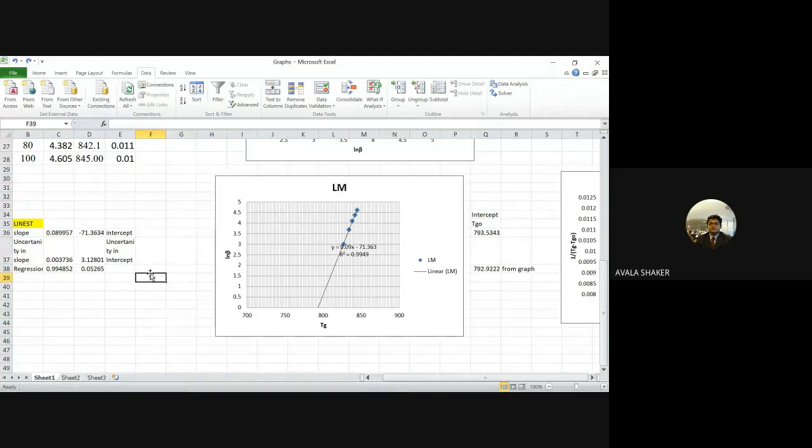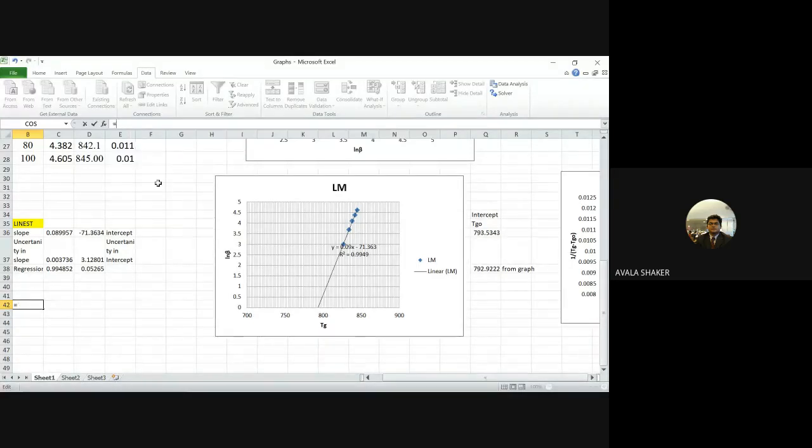The other thing is that we can also use what is called a line set. So we can use this function.